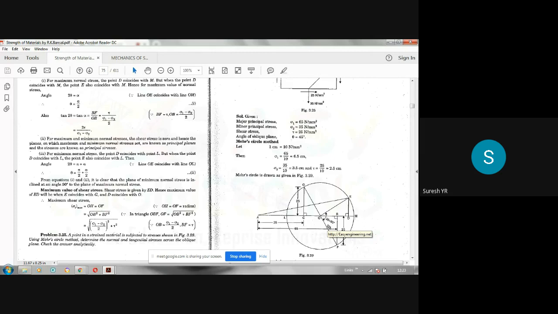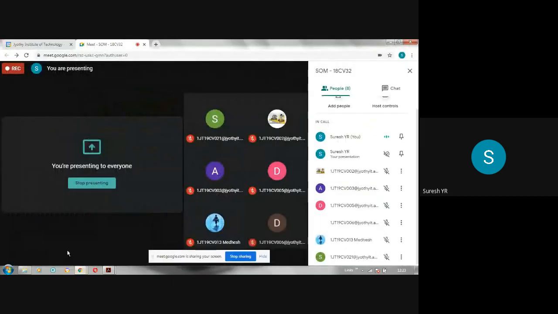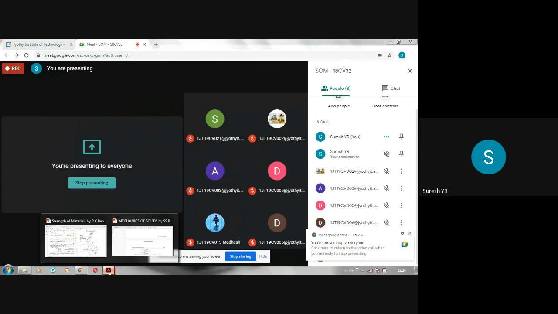Suppose if you get 80 degree, 2 theta is equal to 80 degree. Therefore, theta is equal to 40 degree. So one angle will be 40 degree. Another angle will be 40 plus 90, which is 130. So that is how we can find out the directions of principal planes.